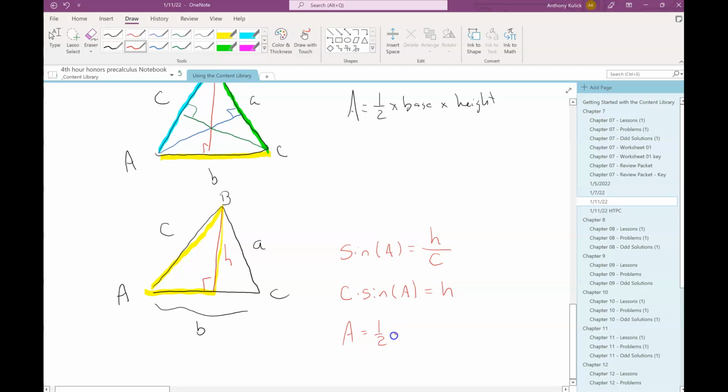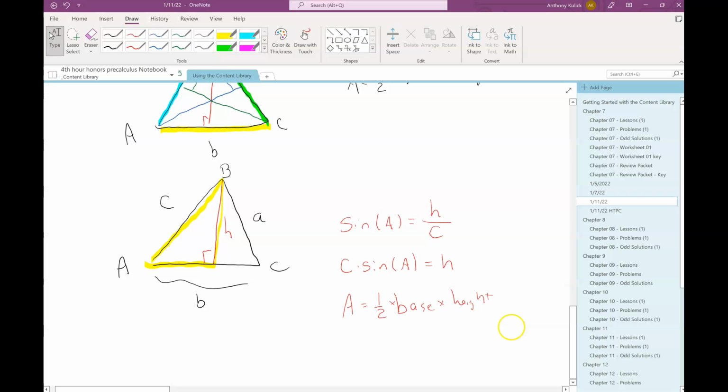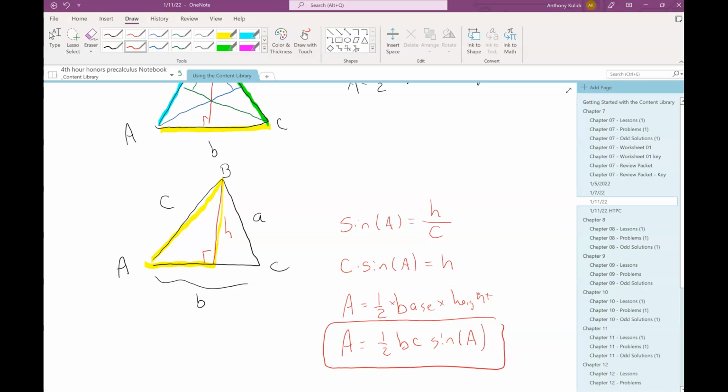So my formula, 1/2 base times height, would now become Area equals 1/2 bc sine A. In that sort of situation, do I have everything I need if I've solved the triangle? Yeah, right? It's all just side lengths and angle measures. So we're good.